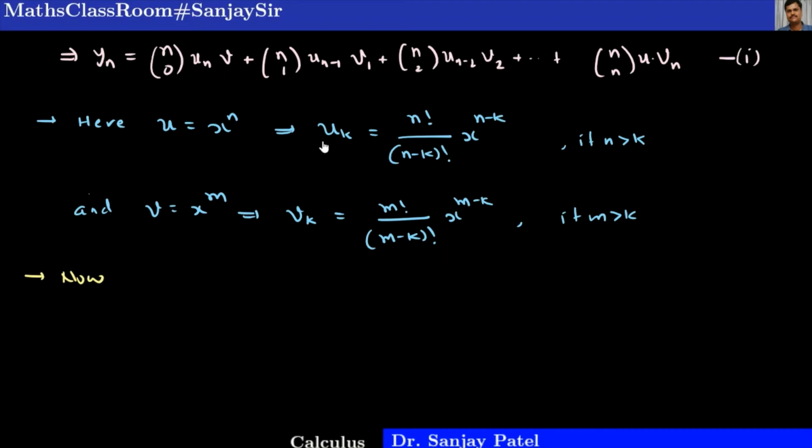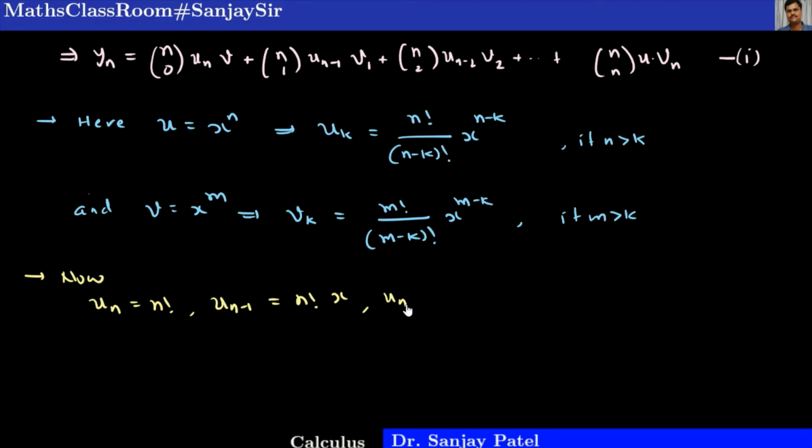So now from this kth derivative we'll write un minus 1 and so on. Let us start with un, that means nth derivative of x raised to n, which is n factorial. Then un minus 1 is given by putting k equal to n minus 1 in this, so n factorial upon n minus 1 factorial, that is 1 factorial. So I will get n factorial into x raised to n minus 1, so it is x raised to 1.